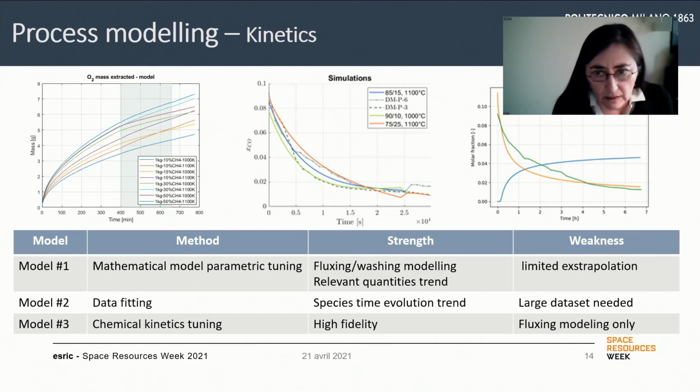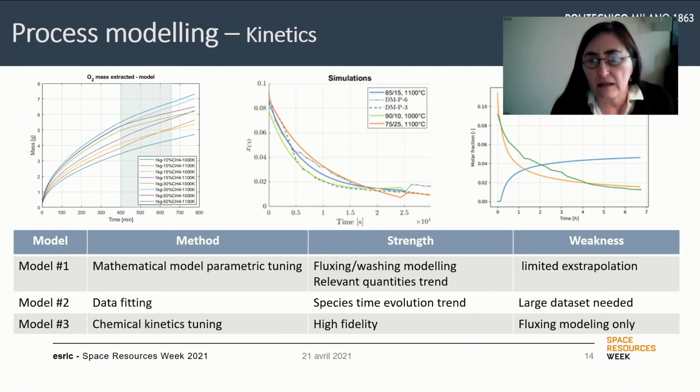So, not entering into that, I conclude the presentation just showing you what we are doing with the kinetics. Thanks to the data that we are acquiring through the tests, we are now capable of building models for the kinetics, not only for the carbothermal reaction, but also for the fluxing part, so just hydrogen passing on. And you see three approaches that we keep on going.